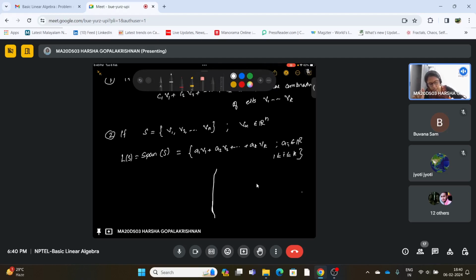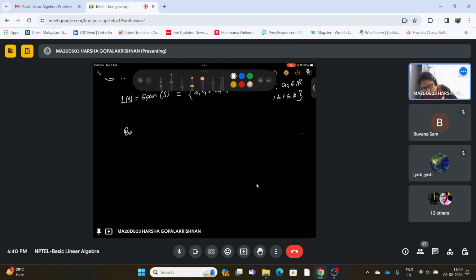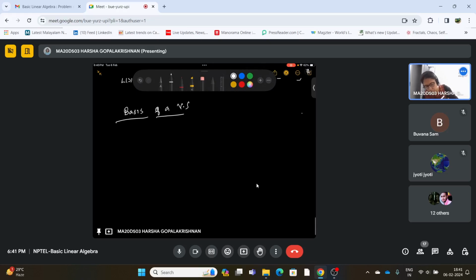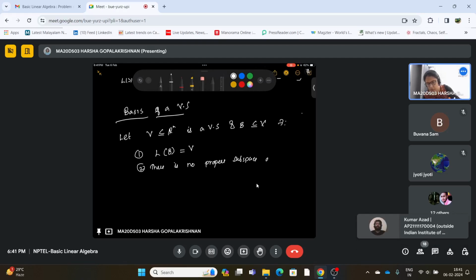Now we will give the definition of a basis. Basis of a vector space: if V, a subset of Rn, is a vector space and B is a subset of V such that the linear span of B equals V, and there is no proper subset of B that spans V. So what does this mean?